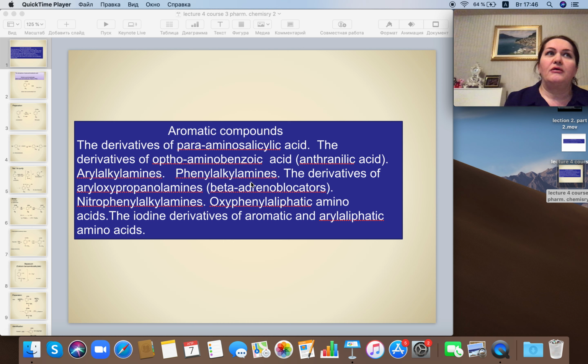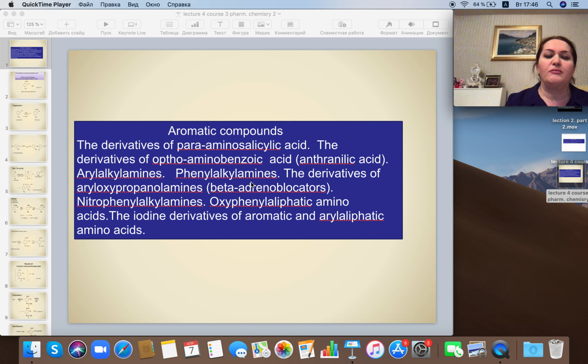At our first lecture, we spoke about the simple aromatic compounds, for example, phenols, the quinone substances, and some preparations which have vitamin K activity, and we spoke about alicyclic antibiotics, for example, tetracyclines, which have the first cycle, an aromatic cycle, and they are derivatives of tetracene, naphthacene.